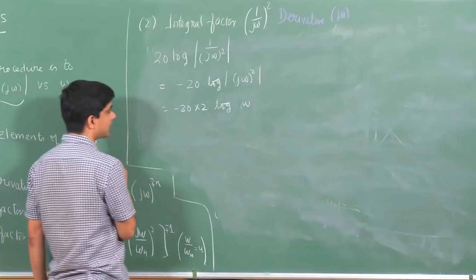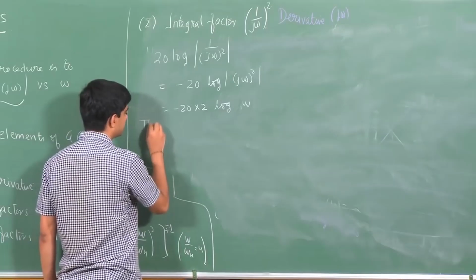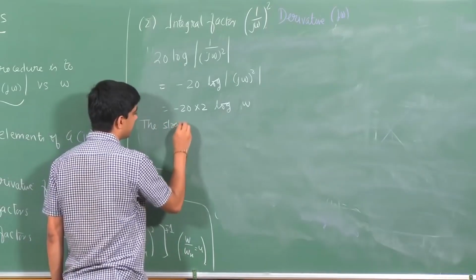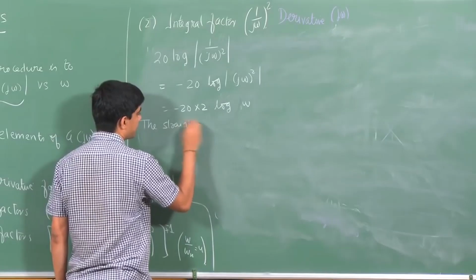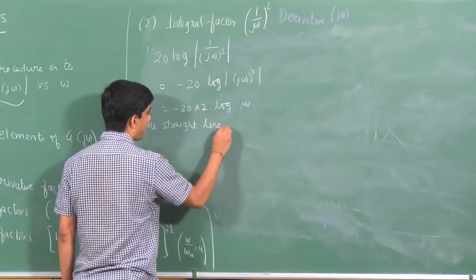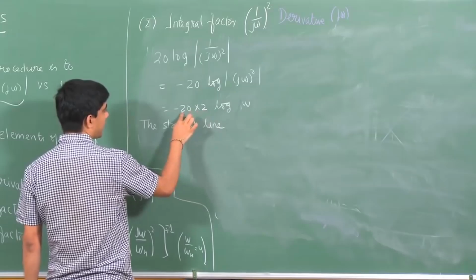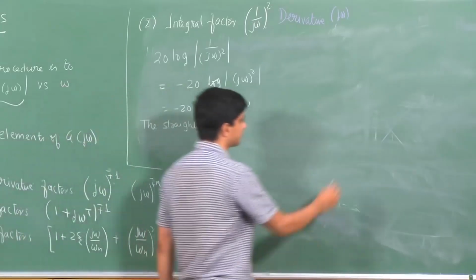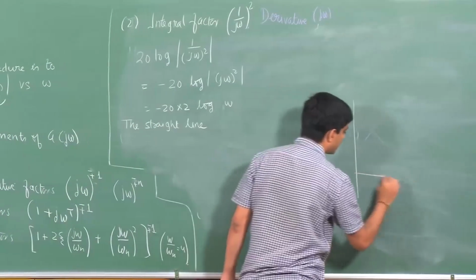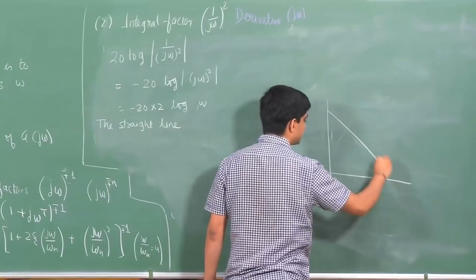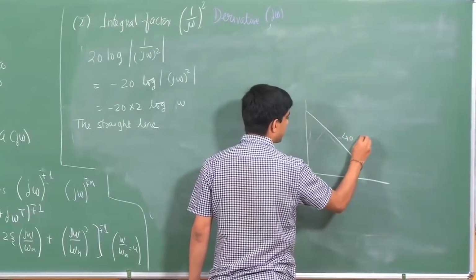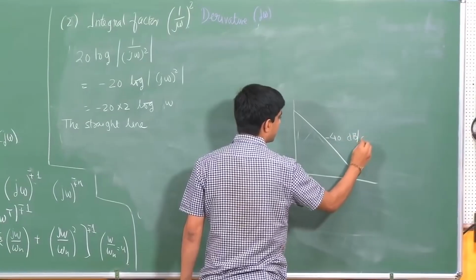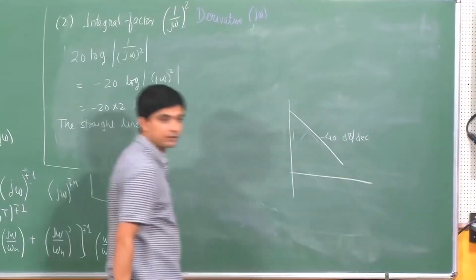Therefore, how will the straight line look like? It will still be a straight line. What is its slope? Minus 20 times 2, that is minus 40, right. So, it will be something like this, minus 40 decibels per decade.